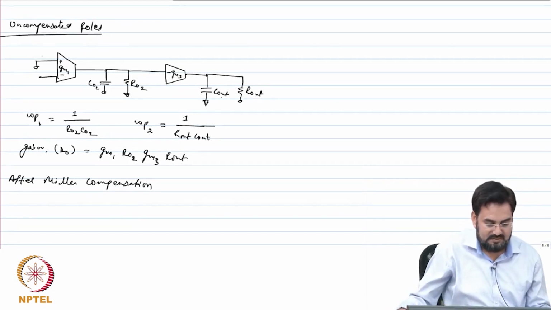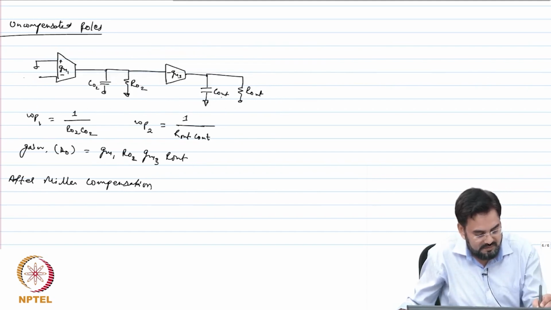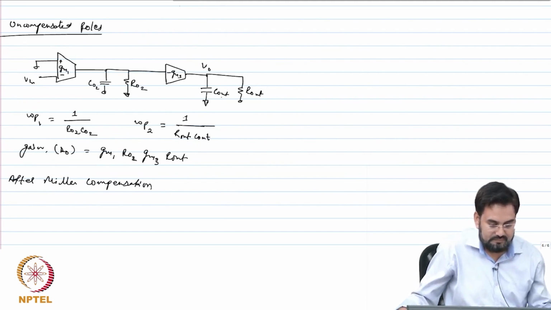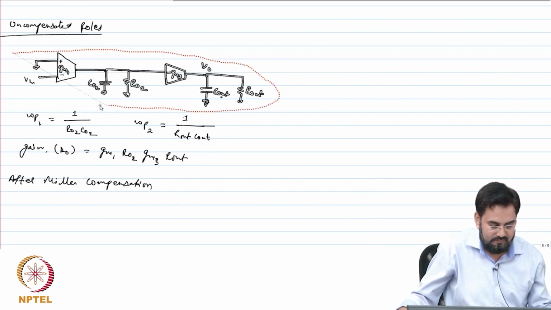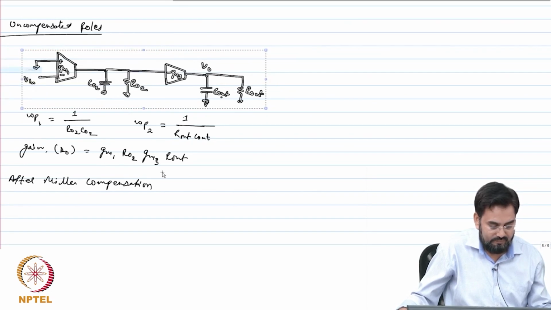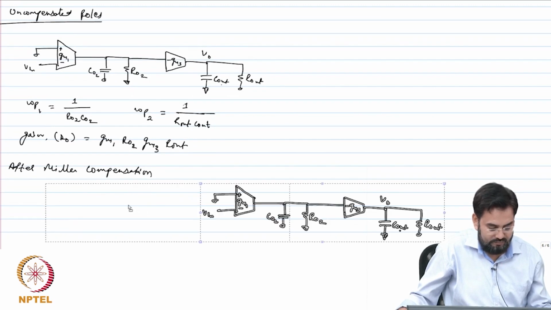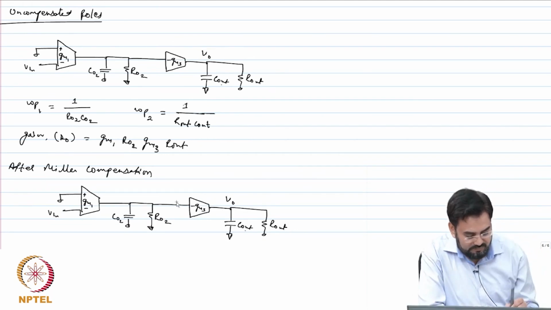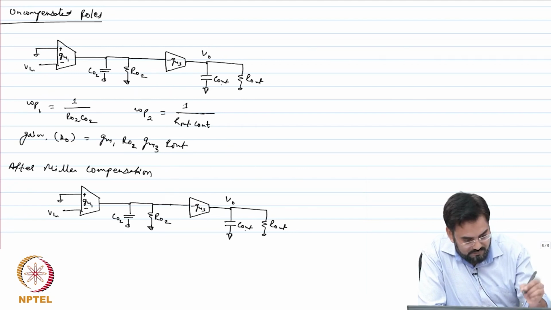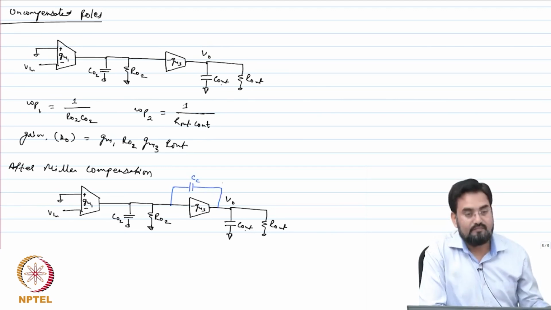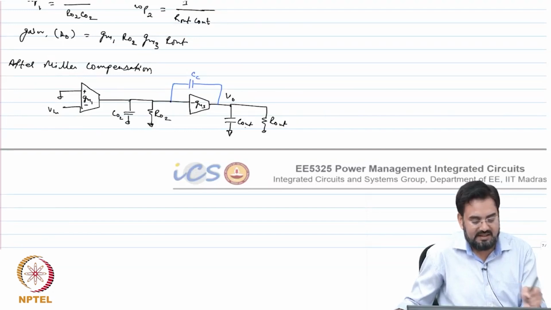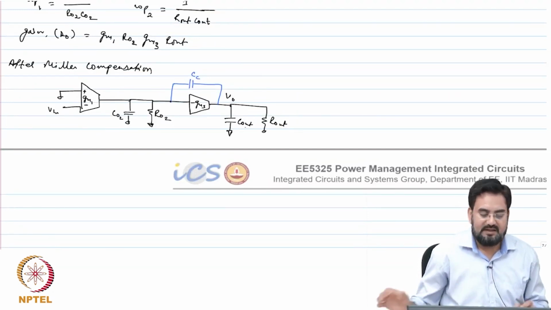So I will just copy this. One way is that you just write the KCL at 2 points, the output of each stage, and find the complete transfer function.